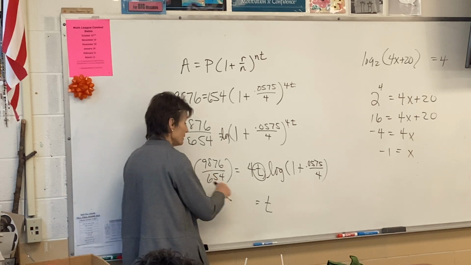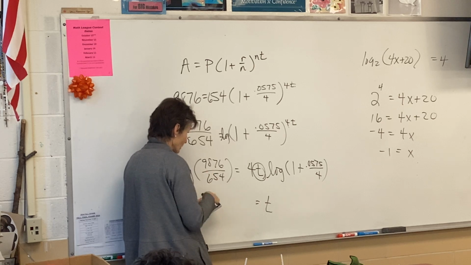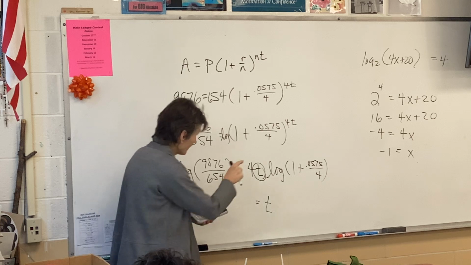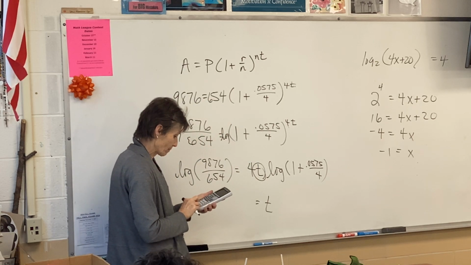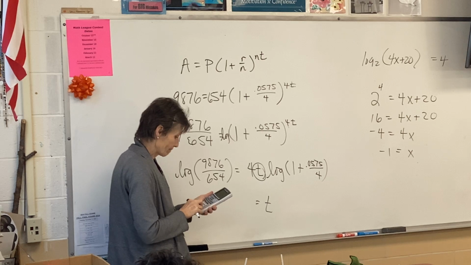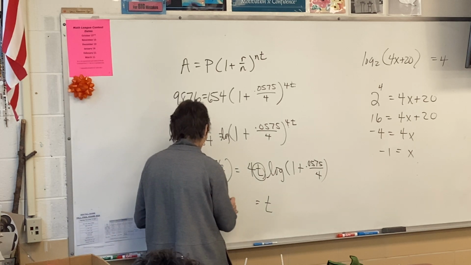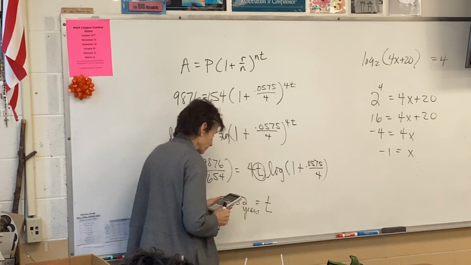And then start dividing. So now I'm going to divide by 4, and then I'm going to divide by that logarithm. And I got 47.552 years.